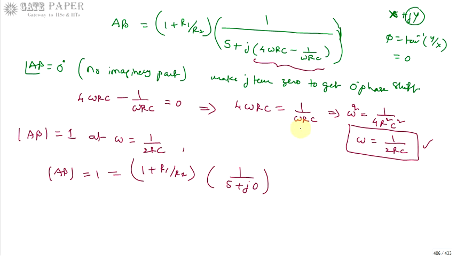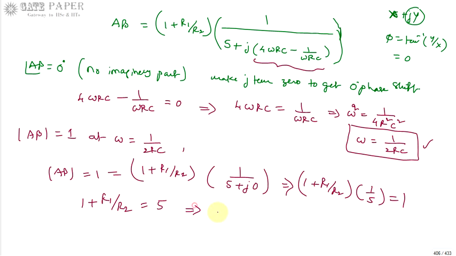Since at this frequency the j term is 0, I am writing it as j0. Simply this becomes 1 by 5. So 1 plus R1 by R2 into 1 by 5, a real value. Taking the 5 to the other side, 5 into 1 becomes 5, because A beta is equal to 1. So 1 plus R1 by R2 is equal to 5. From this, R1 by R2 is equal to 5 minus 1, which is 4. So R1 is equal to 4 times R2.